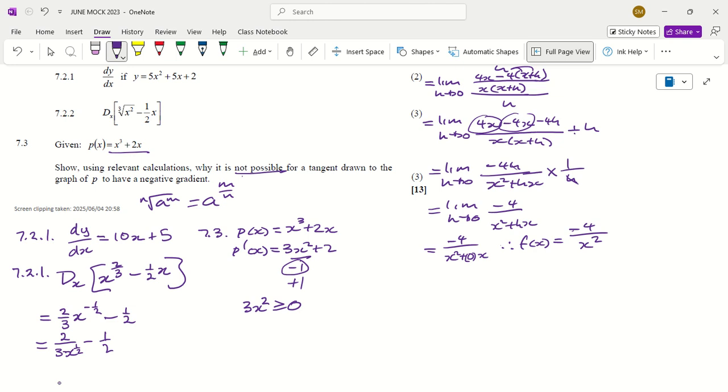So how can we write this? The gradient of the tangent will always be greater than or equal to 2.